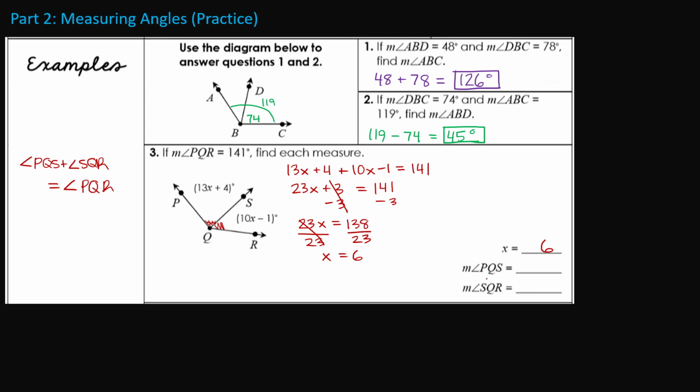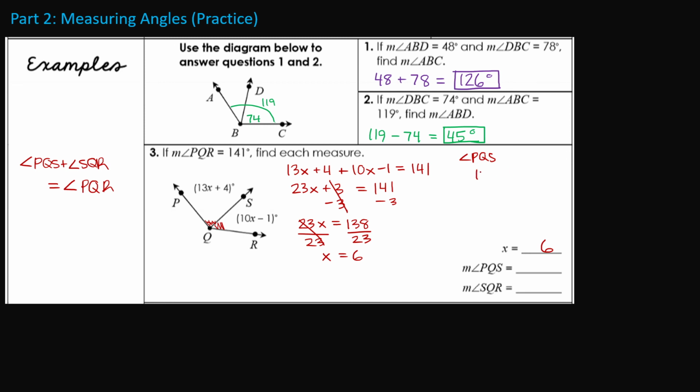But now we need to find the measures of the other angles, the parts of angle PQR. So to find the measure of angle PQS, we need to take 6, the value of x, and substitute it into the expression for angle PQS.